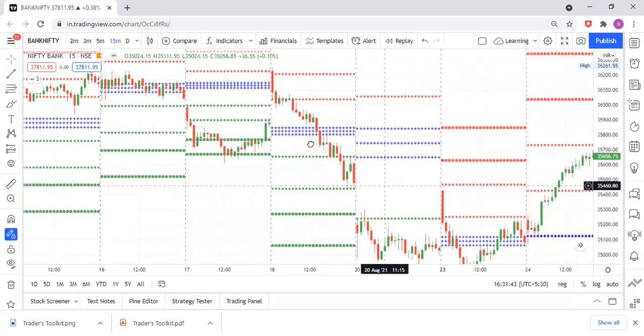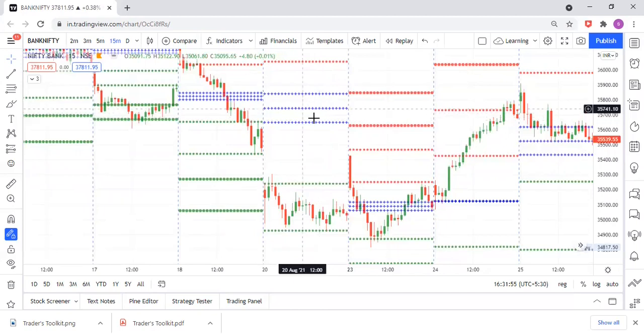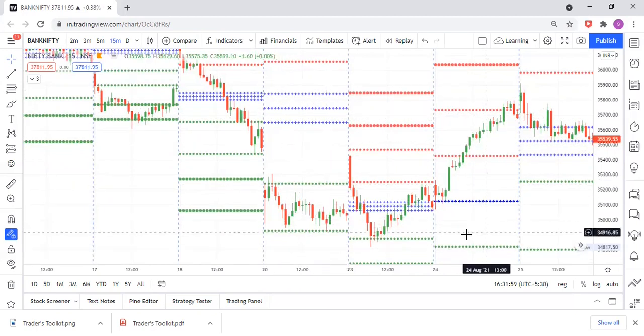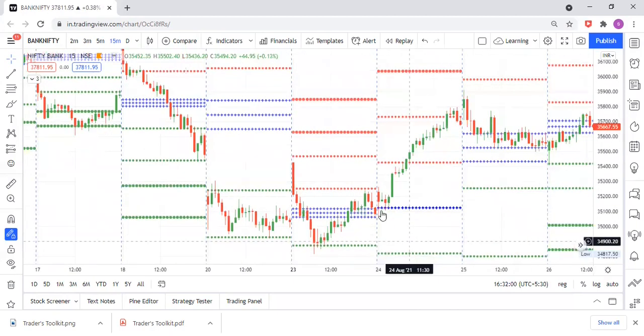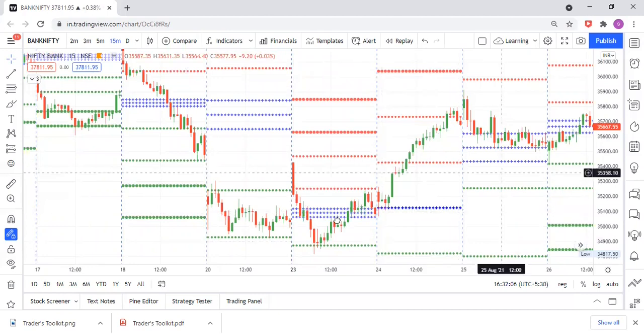Historically it should work most of the time, but however there are cases where it won't work as well, right? So again, I'm just scrolling the dates randomly, and I'm seeing this is a wide range CPR, and I'm seeing a range bound day. Cool, it works. And here, yeah, again it works, it's a narrow CPR, and I see a trending day. Great, right?